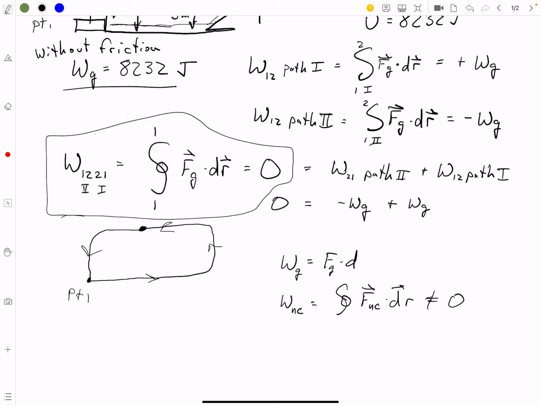Because it matters. Whichever path we take, we're going to go up one side and down the other. It's not going to give us 0 in the end, okay? We will not be getting our work energy back.